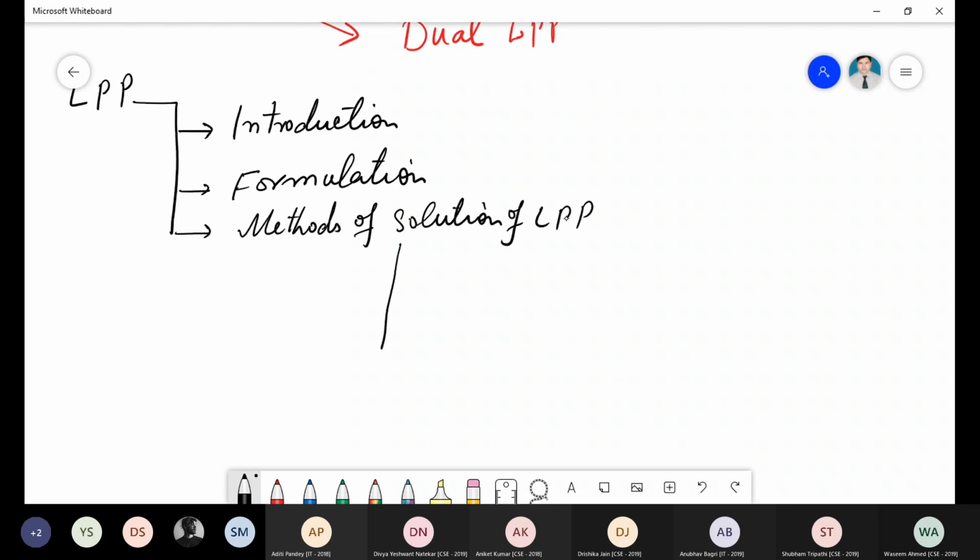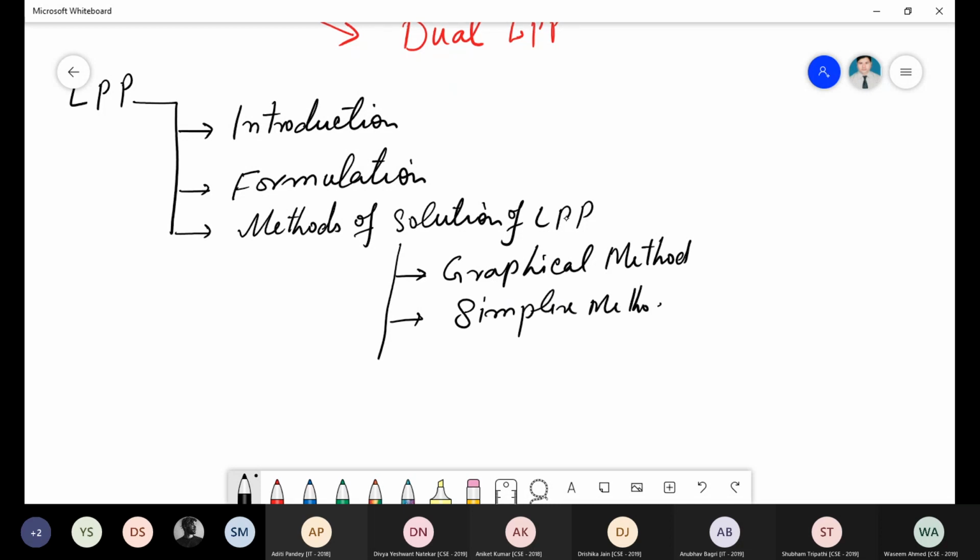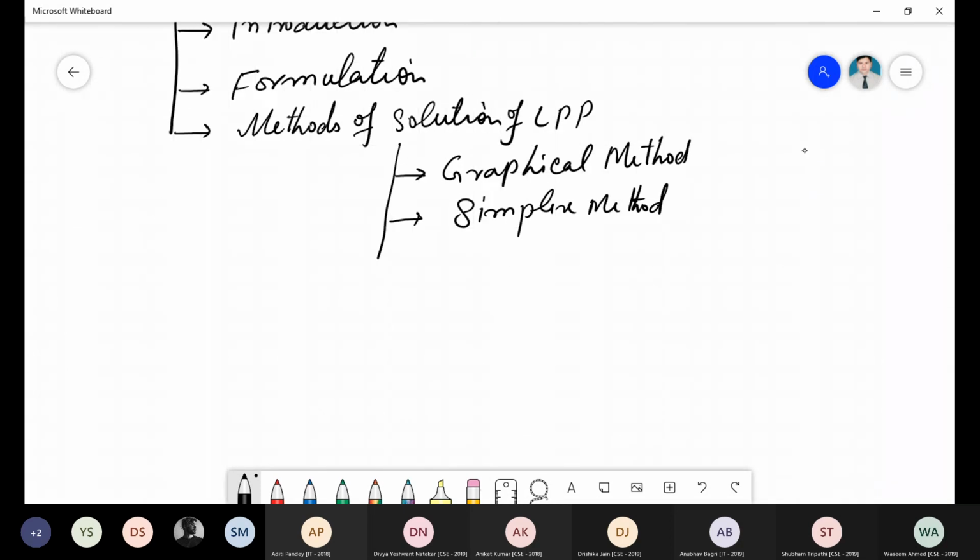So what are the methods that come under this? First we'll go for the graphical method. Then we go for the simplex method. Then we go for the big M method, also called the artificial variable method.